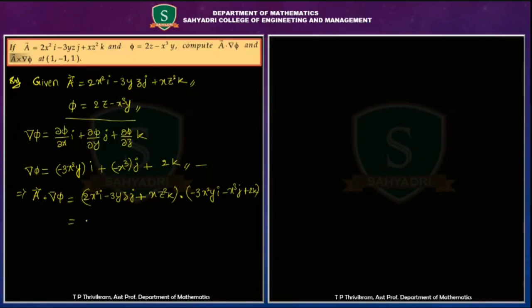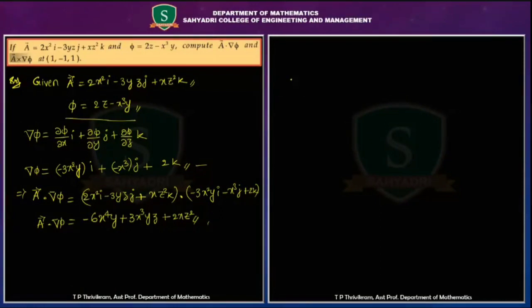Minus 6x to the power 4 y, then plus 3x³yz, and plus 2xz². Yes. So in this way we'll get vector A dot del phi.